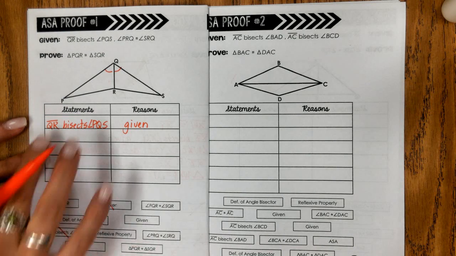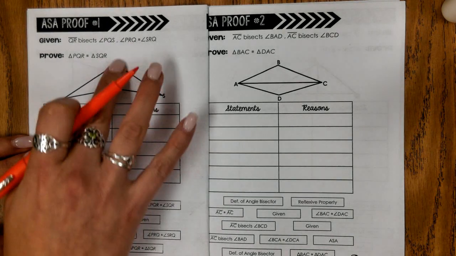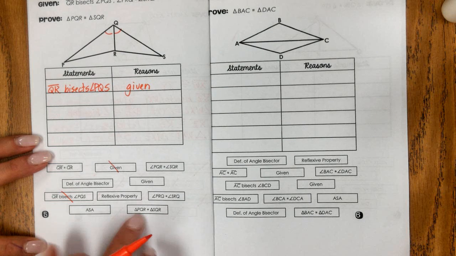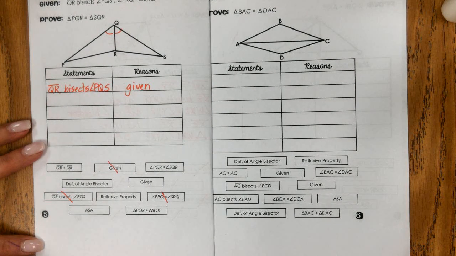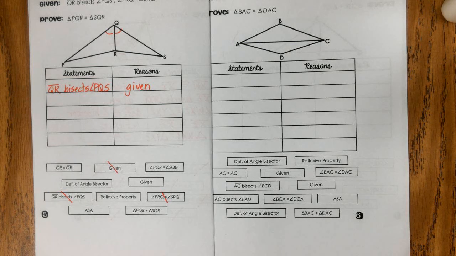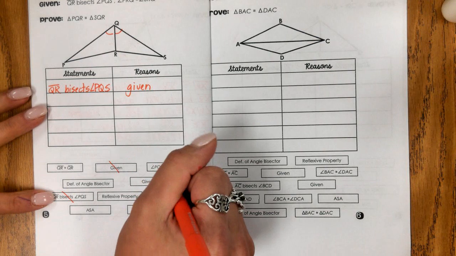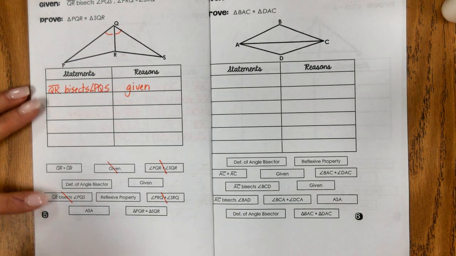So that should be PQR and SQR, which is down here at the bottom. Oh, that's a triangle, sorry, it would be this one. That's not, we're not using that one yet.